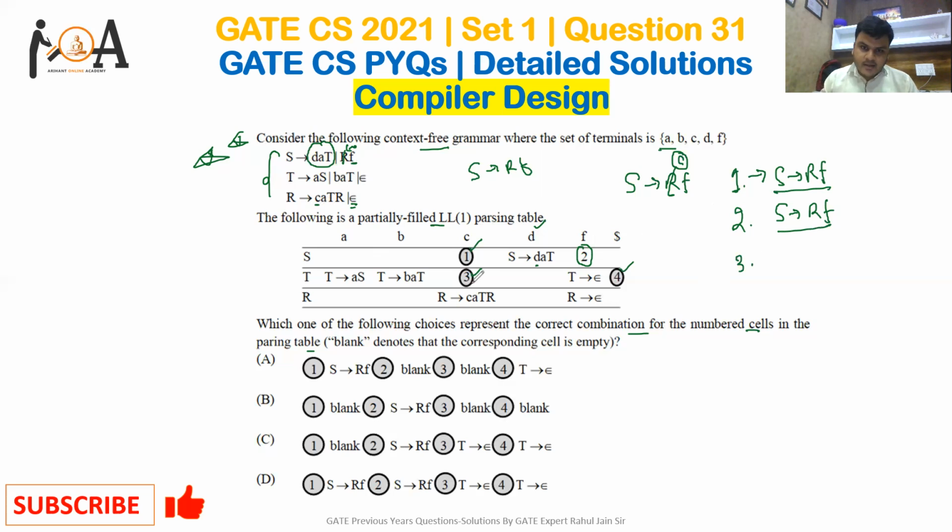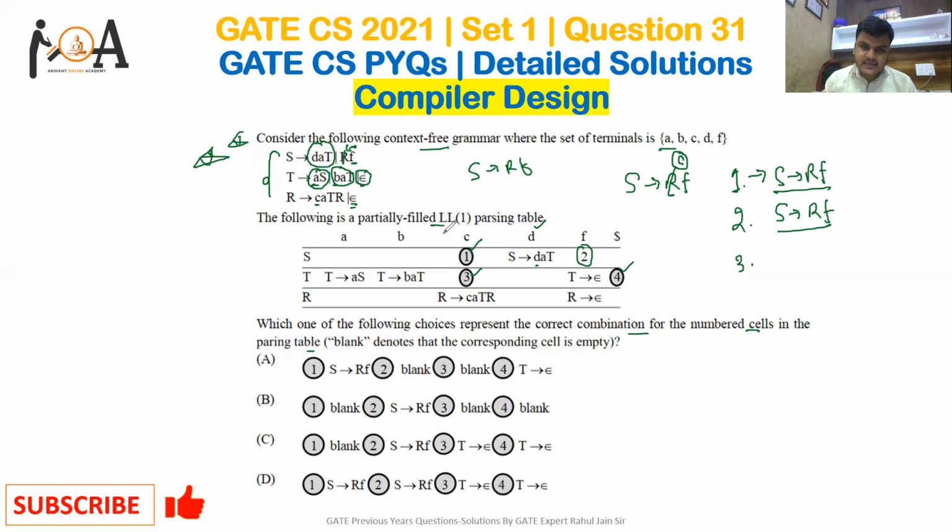Third, if you see T on c, a is there, b is there, and epsilon is there. So a is already occupied in the a block, b is already occupied in the b block, and we have only epsilon.